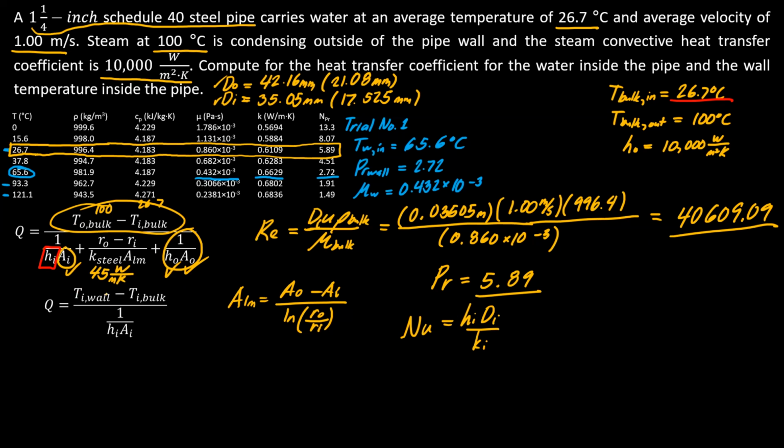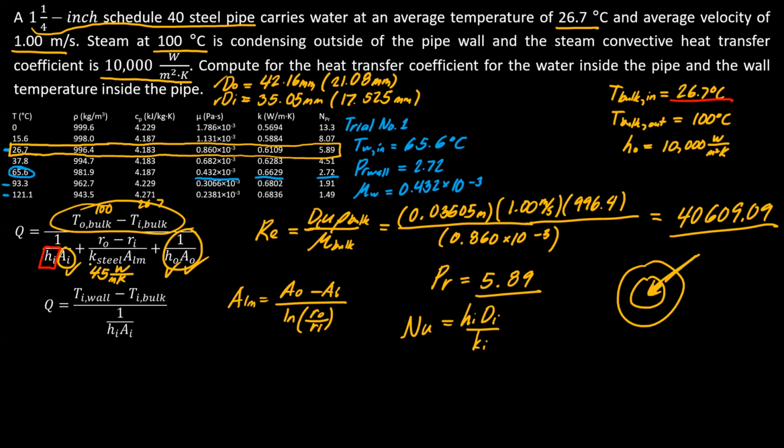I also forgot to mention what this equation is for. After we get hi, we have a value for this entire expression. We can equate it to this equation because the Q for the entire process of passing through the three resistances is equal to the Q here.